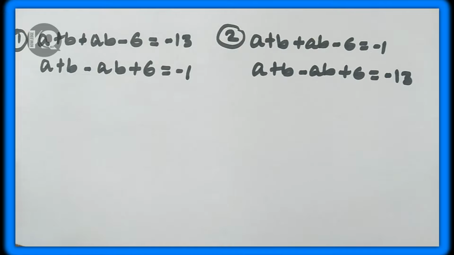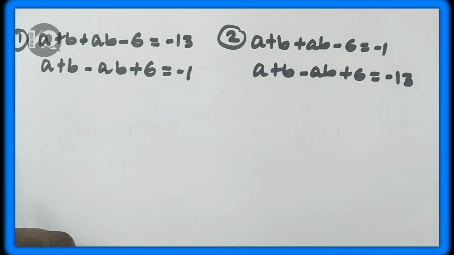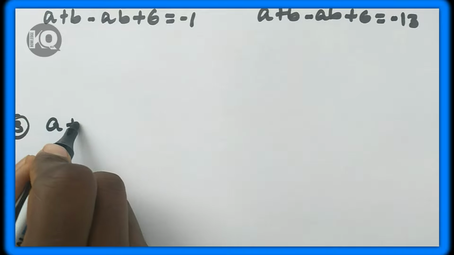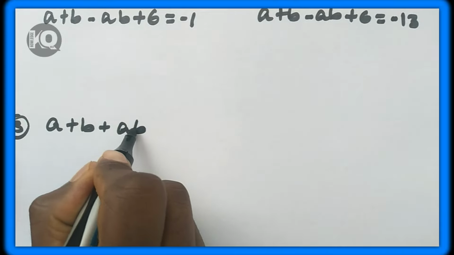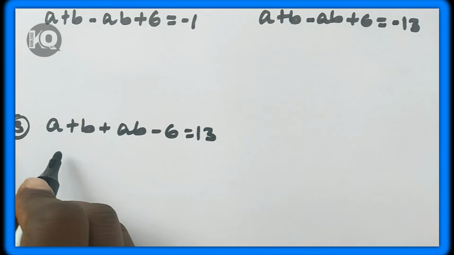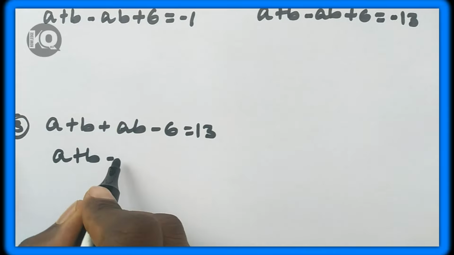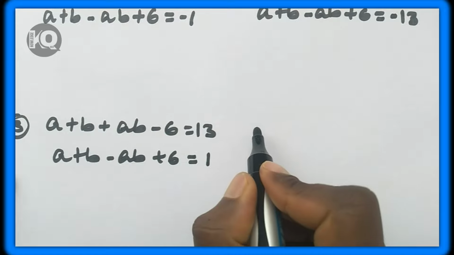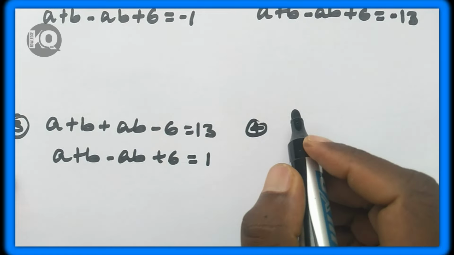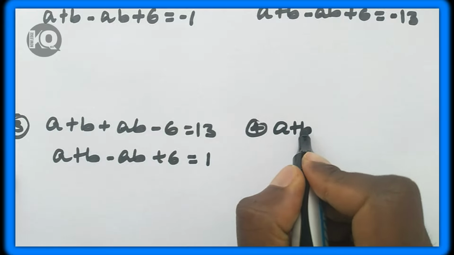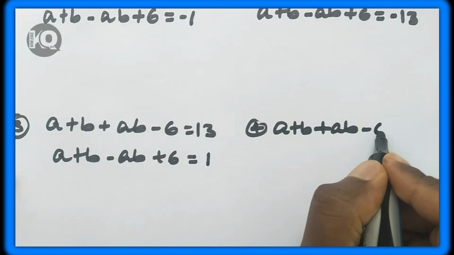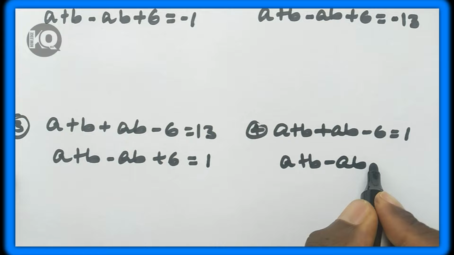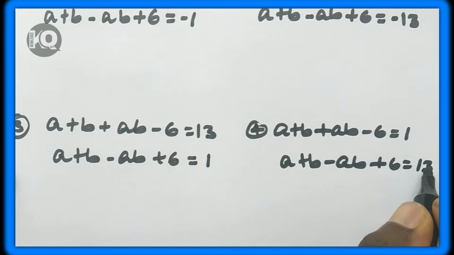And also we do have another possibility, that is the third possibility, a plus b plus ab minus 6 is equal to 13, and a plus b minus ab plus 6, which is equal to 1. And also the last possibility will be a plus b plus ab minus 6 is equal to 1, and a plus b minus ab plus 6 is equal to 13.